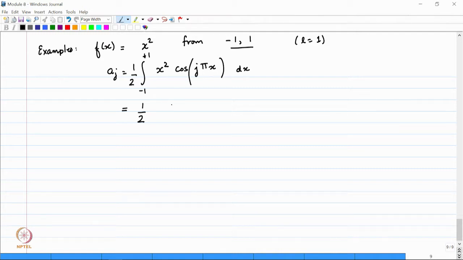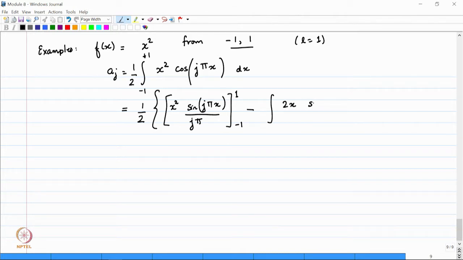So, the first term will be x square, integral of cosine is sine j pi x divided by j pi, and this whole thing is from minus 1 to 1, and the other term is minus integral of derivative of x square, which is 2 x, times sine j pi x dx from minus 1 to 1.